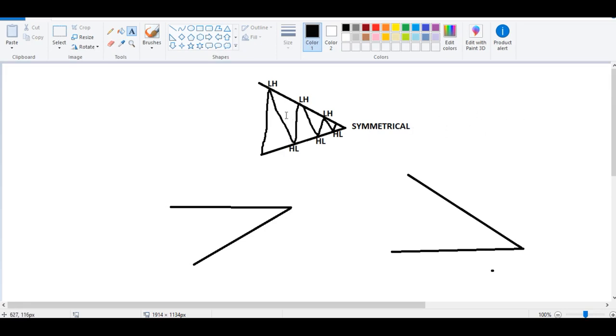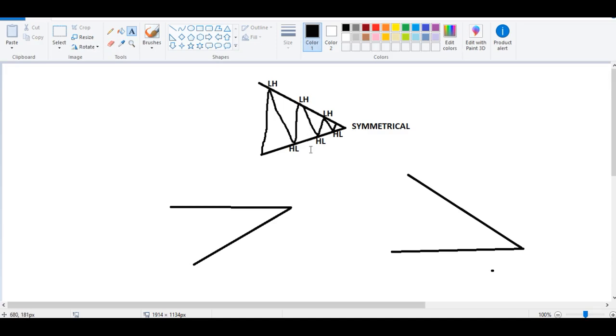Basically, what is happening here is there's a fight going on between the bulls and the bears, right? And one of them is trying to take over the trend. But eventually what tends to happen is neither of them are able to take control.